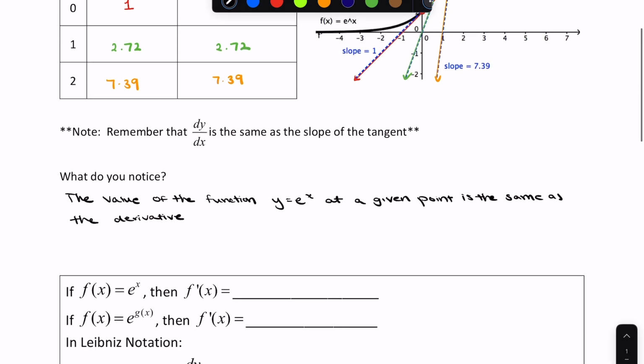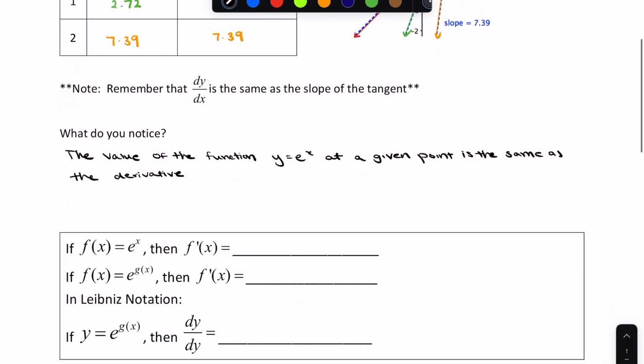And so we see that if f of x is equal to e to the power of x, then f prime of x, the derivative of that, is also e to the power of x. So it stays the same.